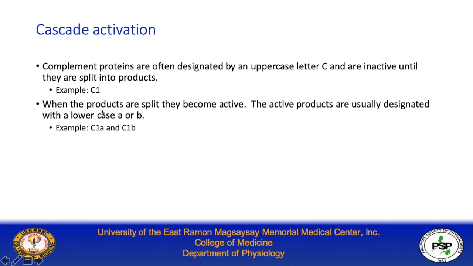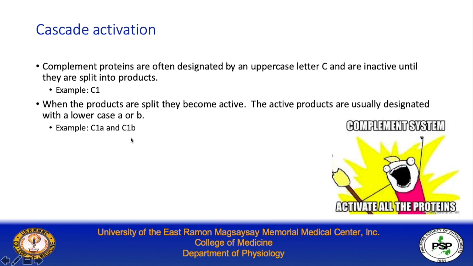Now, whenever it is activated, or cleaved to become an active factor, the active products are usually designated as an a or a b. So, for example, C1a and C1b would be the factors produced if we split or activate C1.